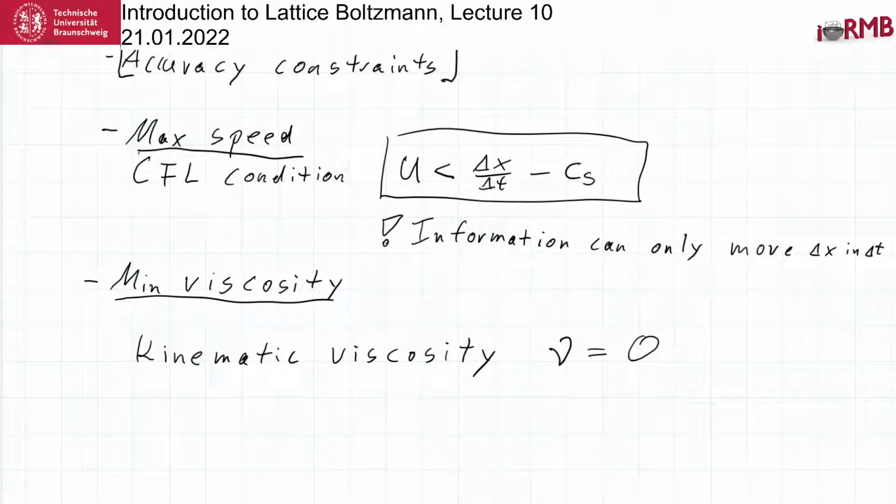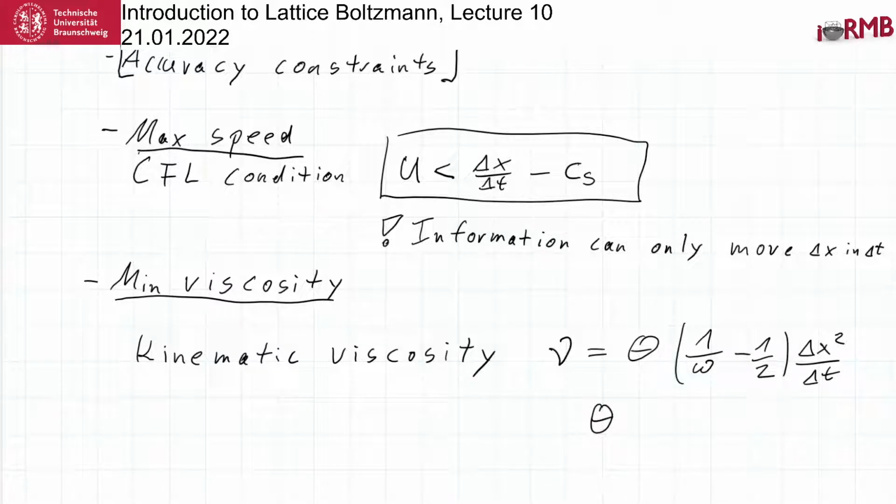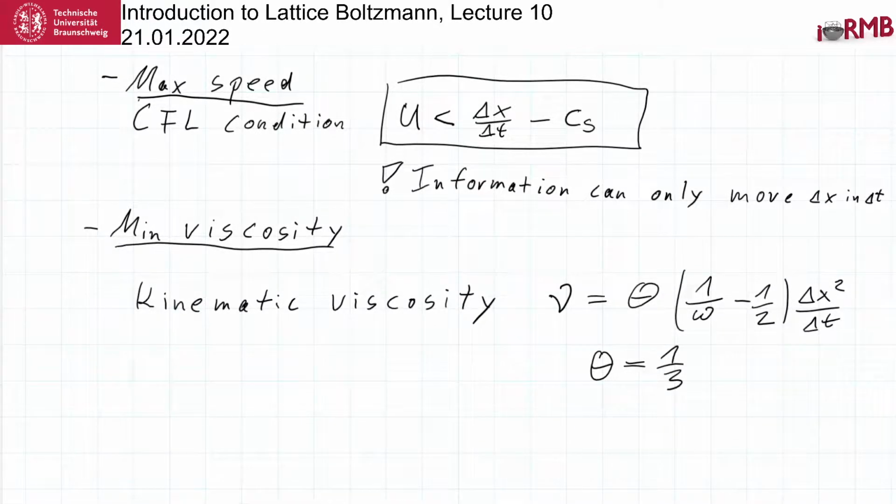And as we've learned, we can calculate this in lattice Boltzmann by having theta times 1 over omega minus 1/2, and this goes into delta x squared by delta t, where we have seen that theta is equal to 1/3. This is something that we learned from our BGK method. And in this, of course, omega is the relaxation rate.